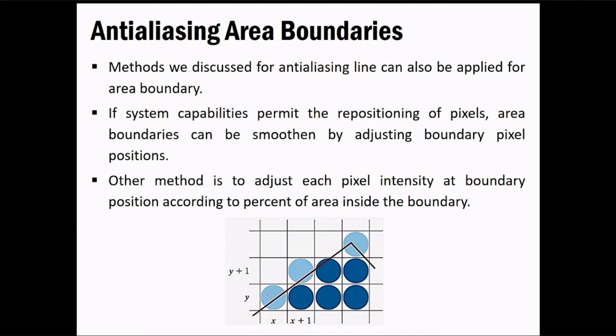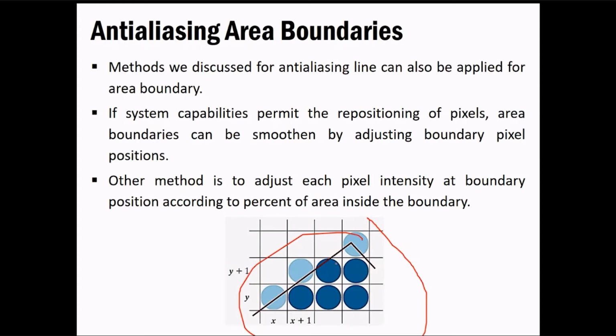Now here we have one scenario, and we have one line or something that is passing through those pixels. As you can see, we have these coordinates: the pixel at xy, and xy plus 1. Similarly we have x plus 1, y plus 1, and these are the pixels that are associated with that particular object.